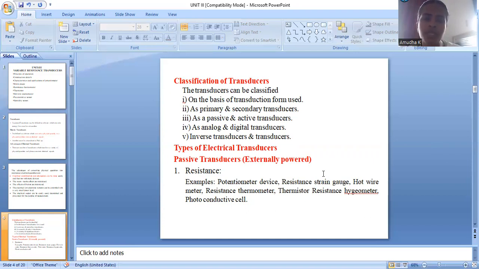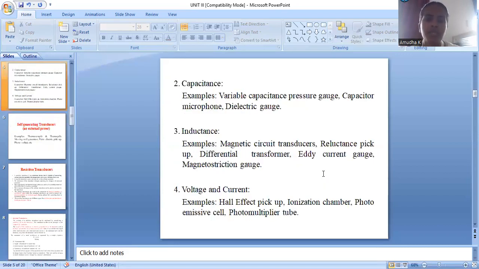For example, resistance transducers: the potentiometer device, resistance strain gauge, hot wire meter, resistance thermometer, thermistor or hygrometer, and photoconductive cell. These are all examples of one type of passive transducer.